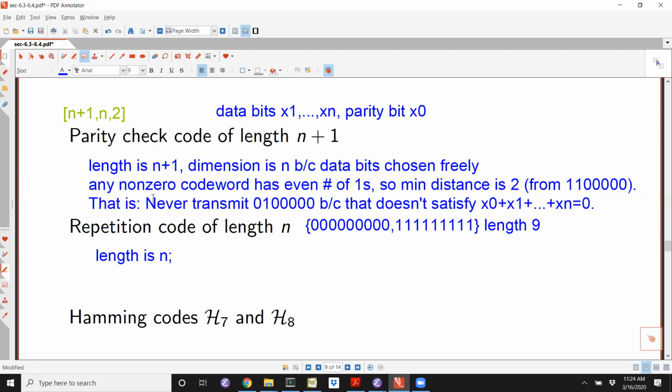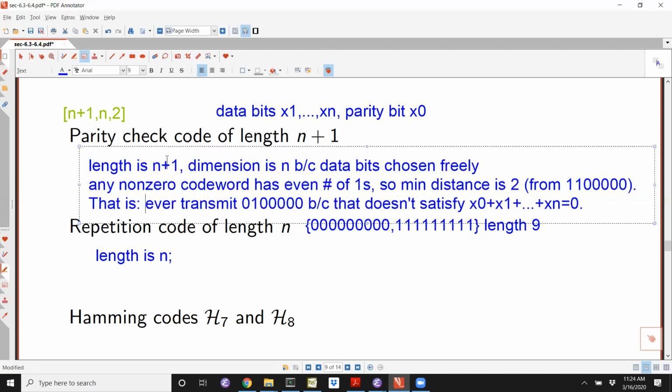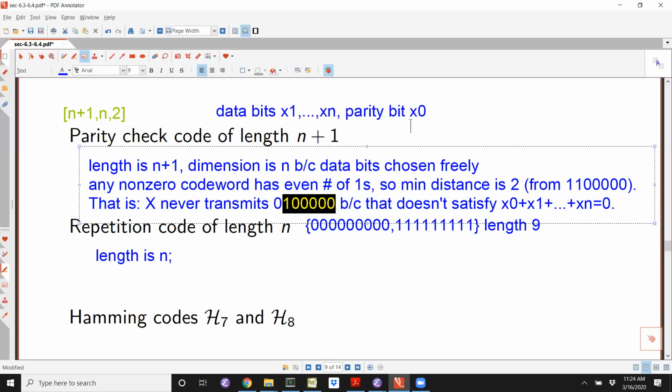We never transmit that, because remember, when we use the parity check code, we have some initial number of data bits. So that one with 5 zeros, that's the message we actually want to send. Remember?